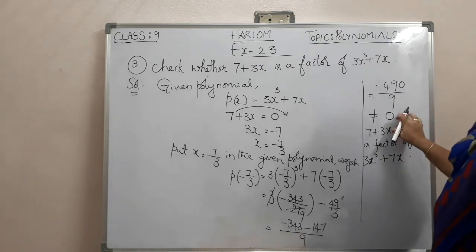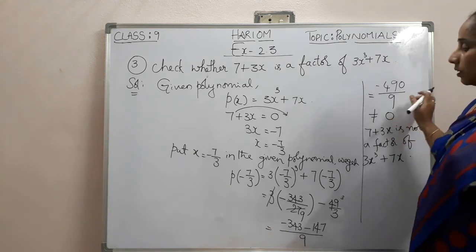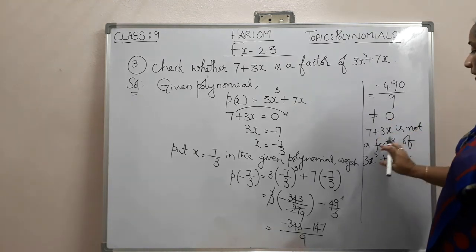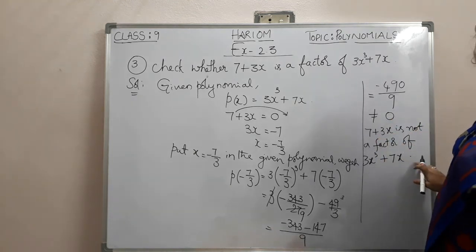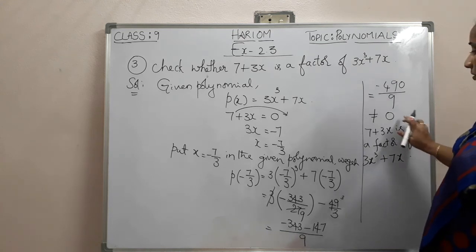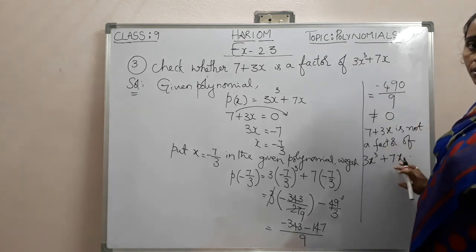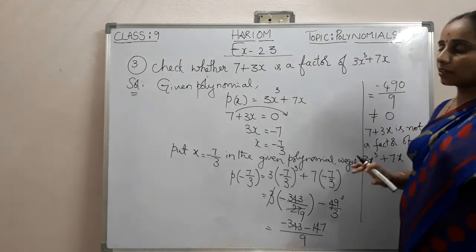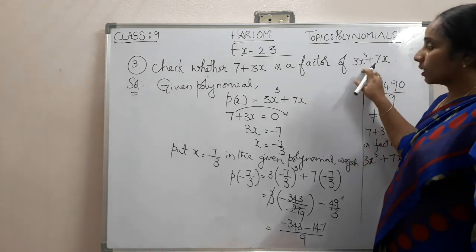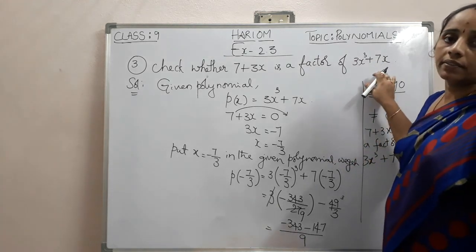If it is equal to 0, we can say that 7 plus 3x is a factor of 3x cube plus 7x. But here it is not equal to 0. So that is not a factor of the given polynomial 3x cube plus 7x.